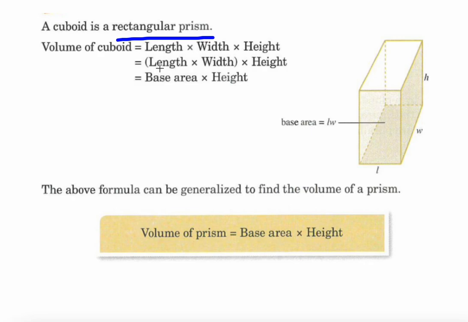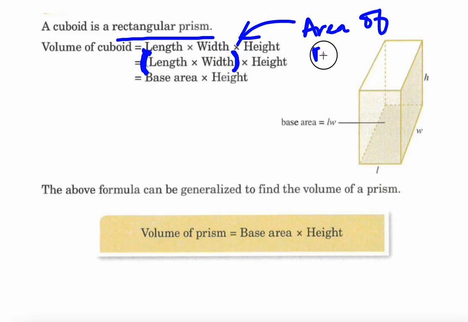The cuboid's formula is length times width times height. And basically length times width is the area formula of a rectangle. So you're basically taking the area of a rectangle and multiplying by height.